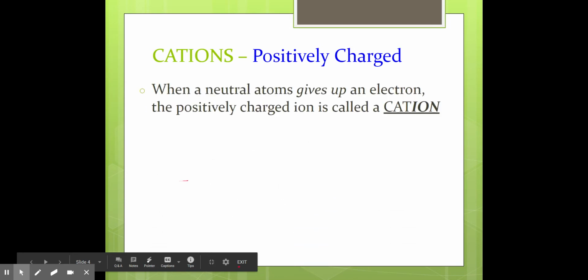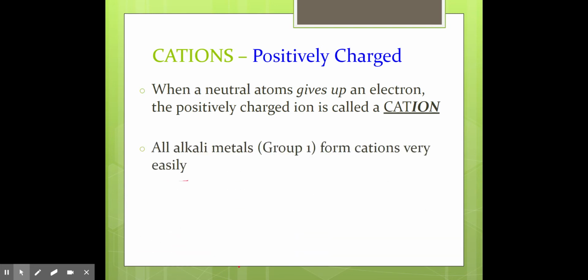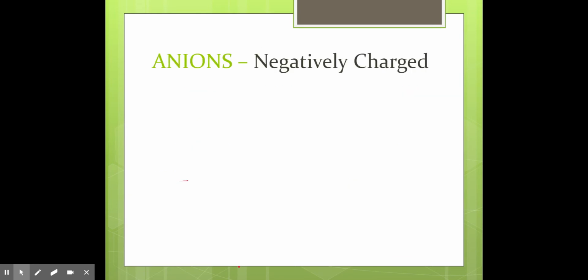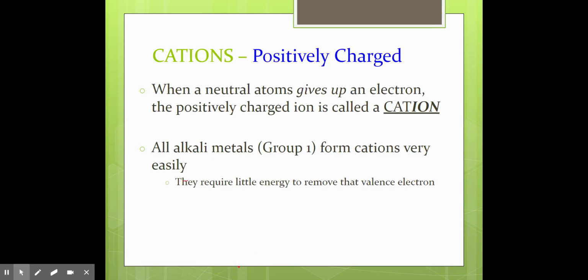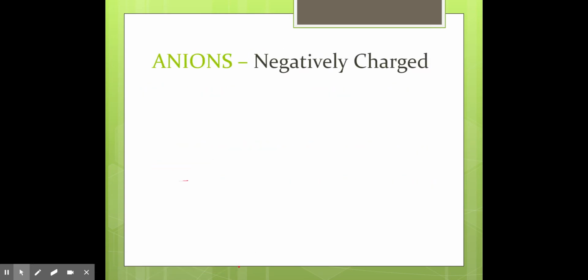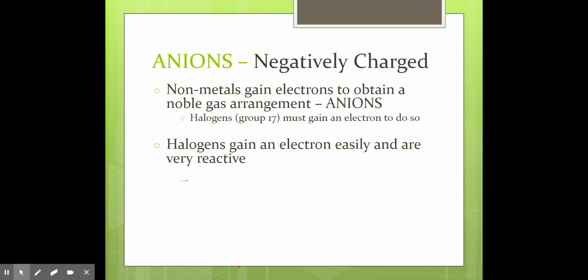In order to be positive, they lose electrons, they give them up, they transfer them. All alkali metals, group 1, very easily form cations. They like to get rid of their electrons as quickly as possible. And then we have anions, which are negatively charged. They take on electrons. They are nonmetals. Group 17 is the most reactive of those nonmetals.